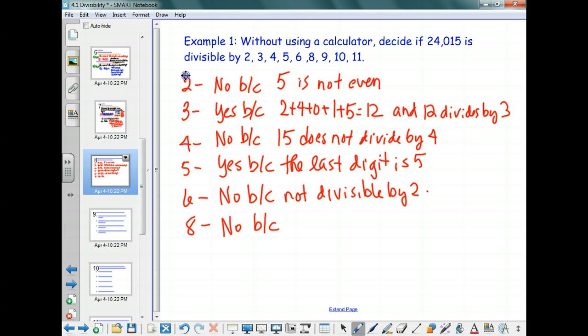Right, so let's use the actual rule because we need to be in the practice of doing that. What would I actually test if this were even at the end? 0, 1, 5. So this is not going to work because 0, 1, 5 does not divide by 8, right? 16 would, 0, 1, 6 would, 0, 1, 5 would not. 9 is the next one.